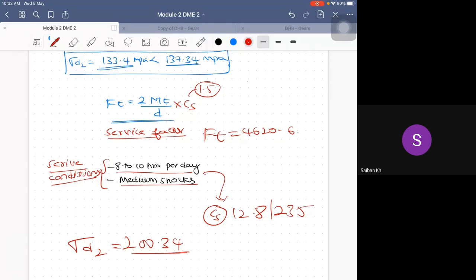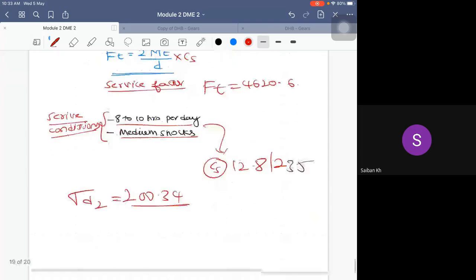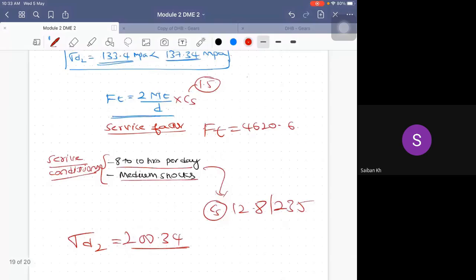Very good. 200.11. So most of you are getting 200.11. Now the thing is going to change, I guess, right? After all these calculations, what happens? Your sigma D2 value is 200 megapascal.